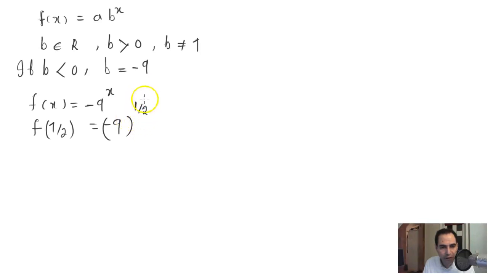And this is the second root of -9, or you can also write it as the principal root of -9. And this is not going to be a real number. This is going to be an imaginary number. So that's why we define b as not being less than 0.